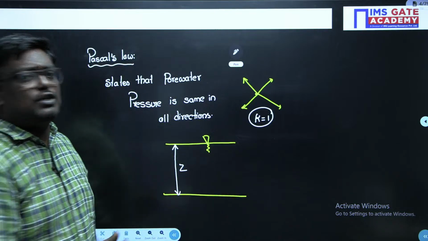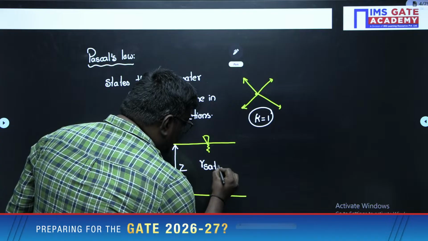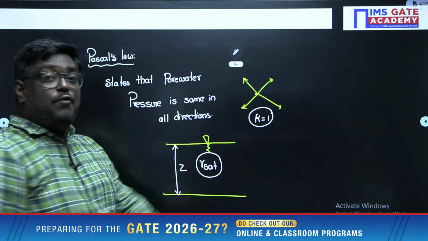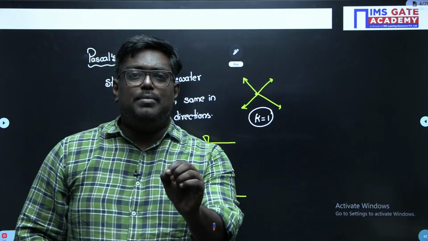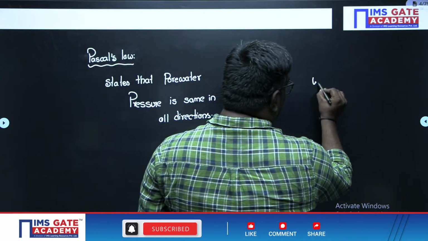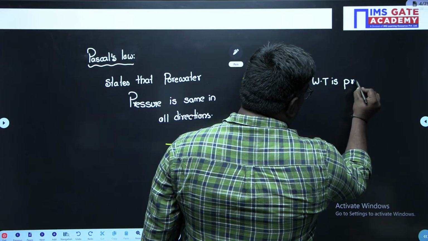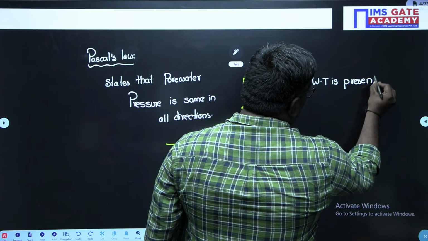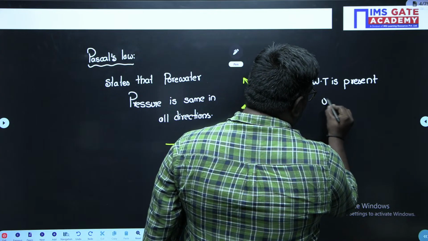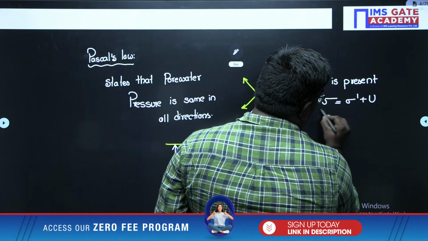The condition of the soil here is gamma sat. When you are solving problems on earth pressure and the water table is present, please write total stress as effective stress plus pore water pressure.